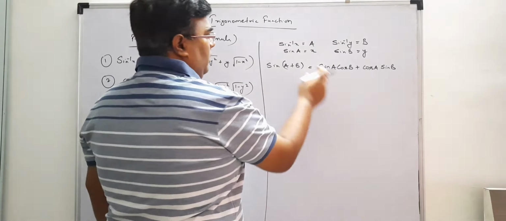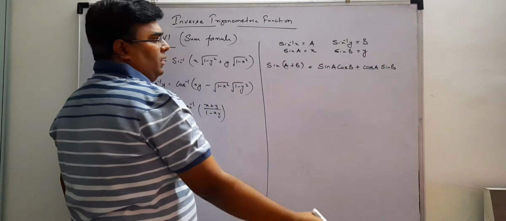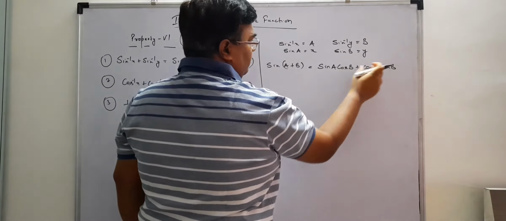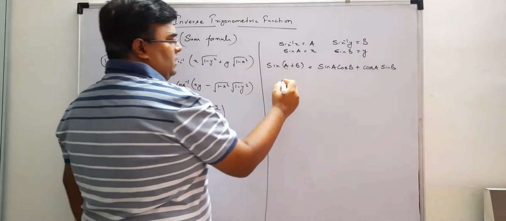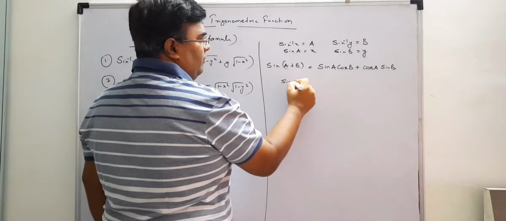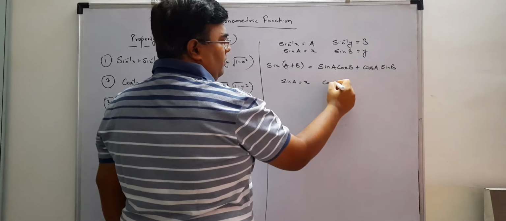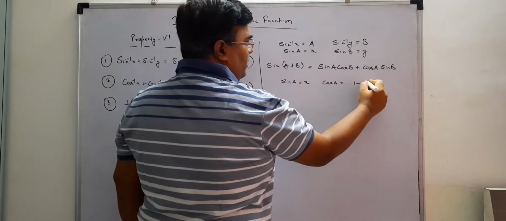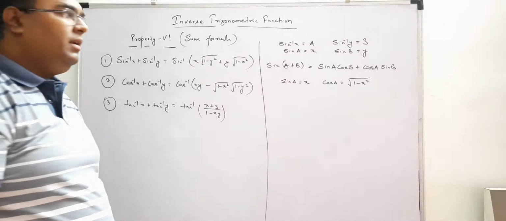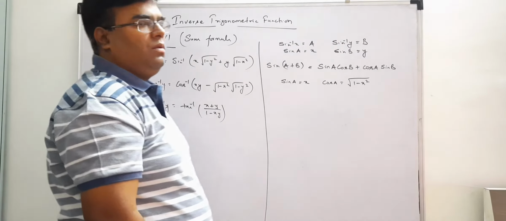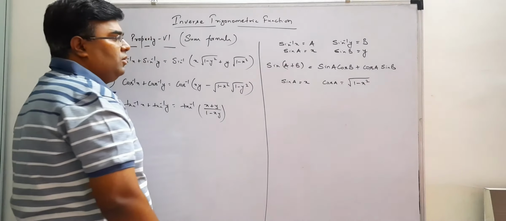We know sin A, we need to know cos A. We also know sin B and we have to find cos B. So if sin A is equal to x, my cos A will be the square root of 1 minus x square. We have the identity sin square A plus cos square A is equal to 1. From there we can get the value of cos A.